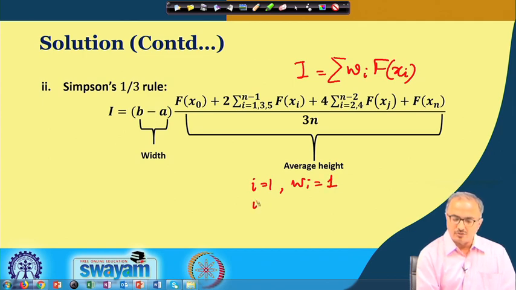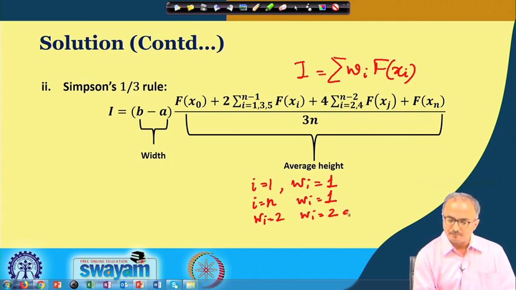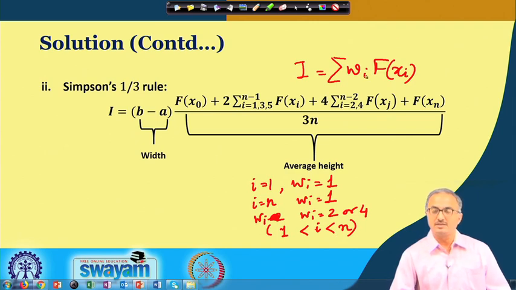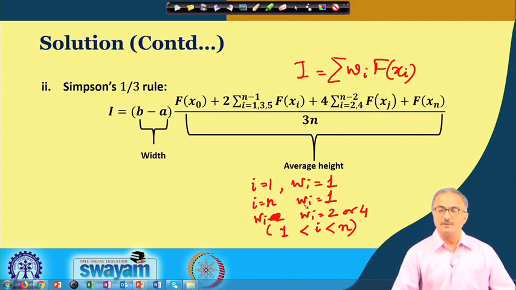When i is equal to n, then Wi is equal to 1. But in between, Wi is either 2 or 4 when i is between 1 and n. So, the weightage factor is changing for different points. Okay. So, this is how we can write this generalized equation. The same thing you can also find for the trapezoidal rule.